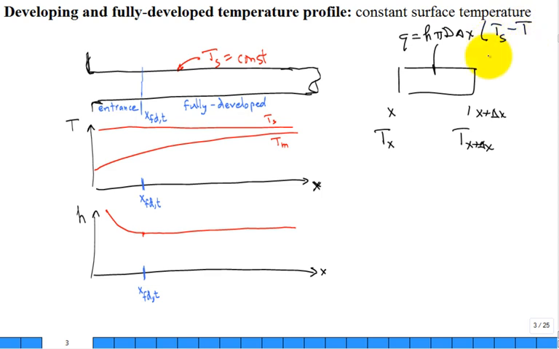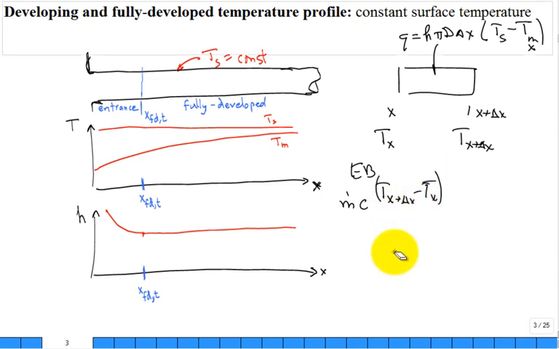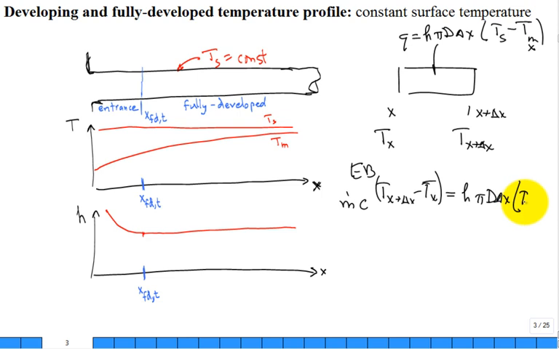Because we're going to let this shrink, let's just put the mean temperature at x right there. So our energy balance says the mass flow rate, specific heat, T at x plus delta x minus T at x is equal to h pi d delta x, Ts minus Tm at x.